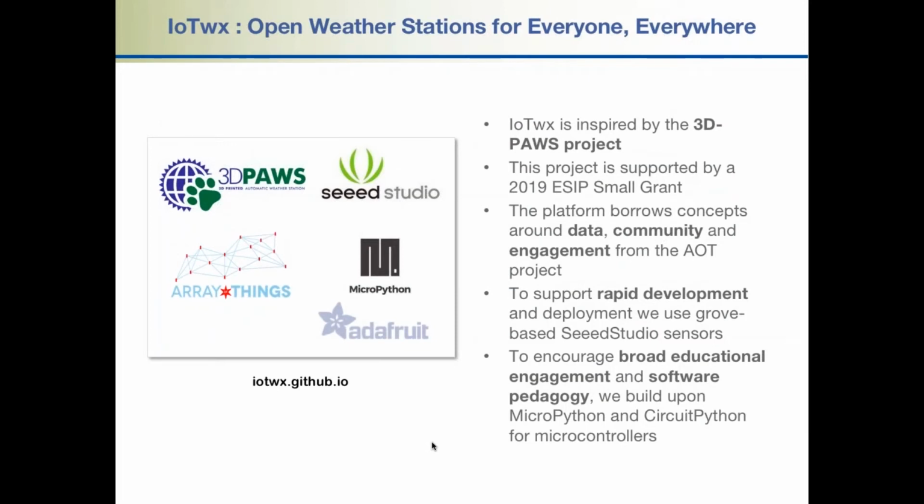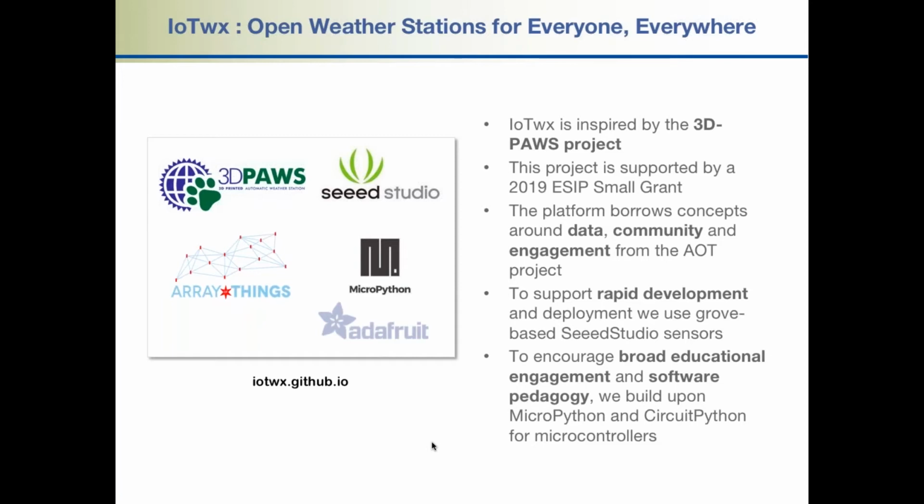So this project borrows from that concept and builds on it from a new perspective of Internet of Things, or of a more portable, modularized system. So basically, the idea of this is to help support rapid development and deployment, and we use Grove-based connectors and sensors that allow us to connect to the weather station a lot easier.